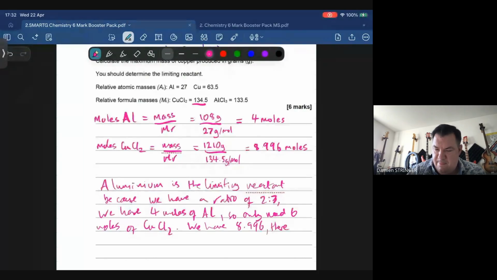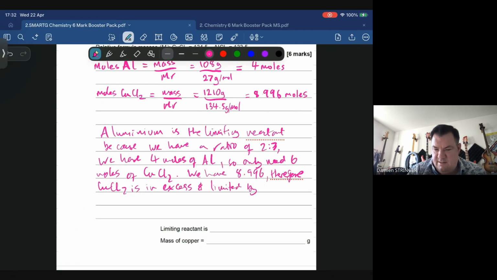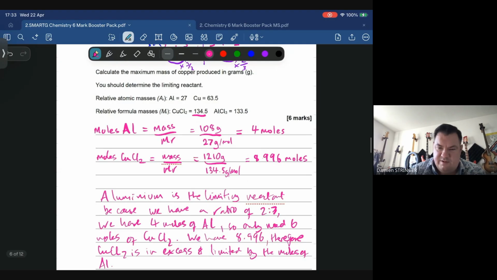Therefore CuCl2 is in excess and the reaction is limited by the moles of Al. So we've done that bit right.